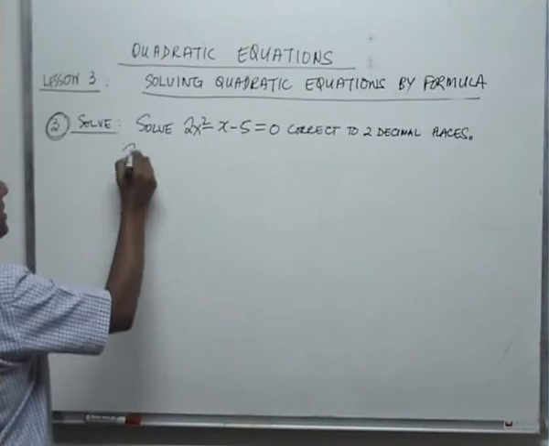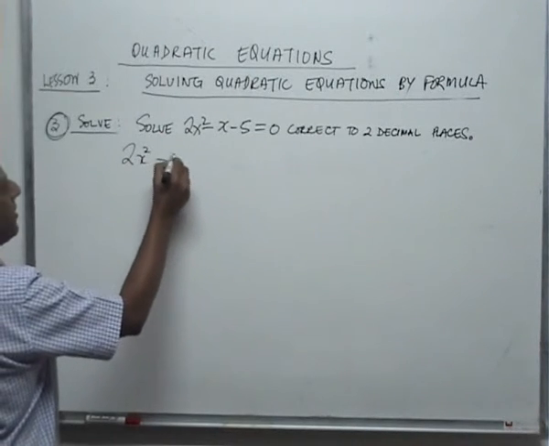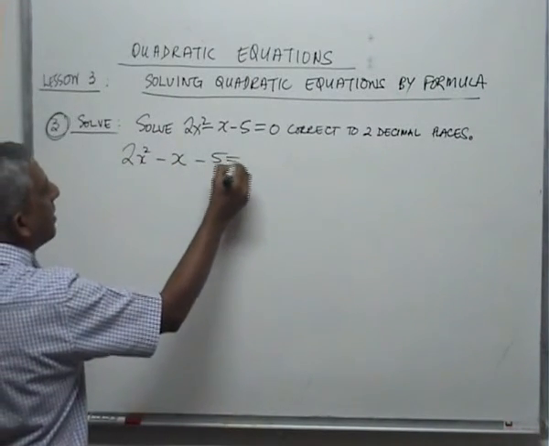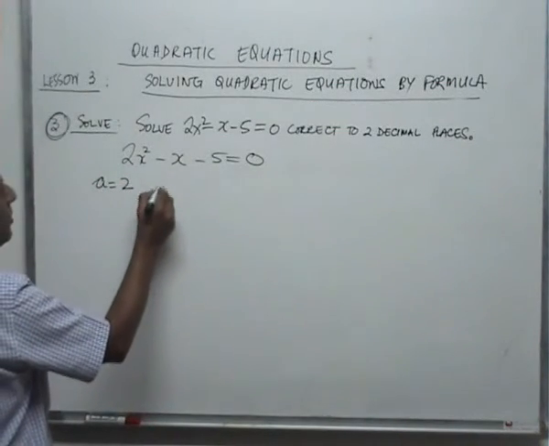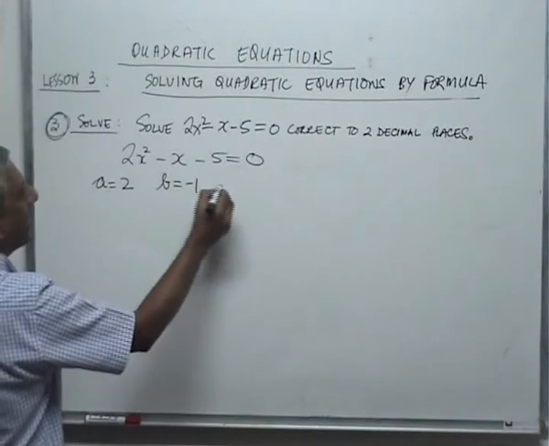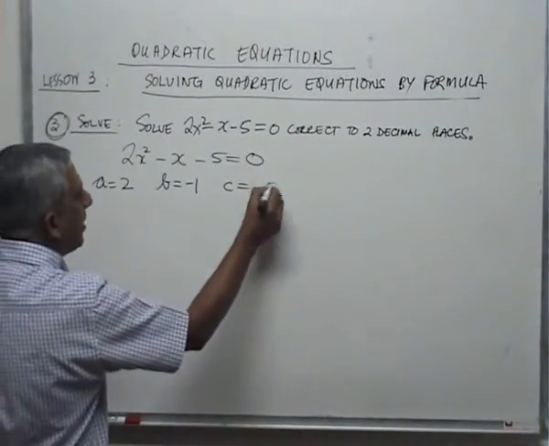So first let me write the question down. 2x squared minus x minus 5 equal to 0. Therefore a is 2, b is minus 1, c is minus 5.